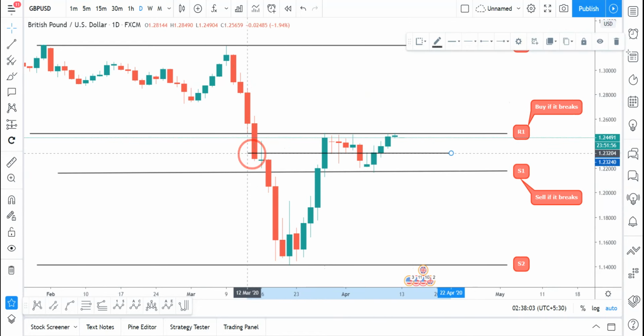Yeah, if you can extend this line, you can see that it is also acting as a mini support of these four candles. So what is support there is acting like a resistance here, like the theory of neckline. It is not an important theory, so we are not going to discuss that. But what we are discussing here is that this is a very important line.